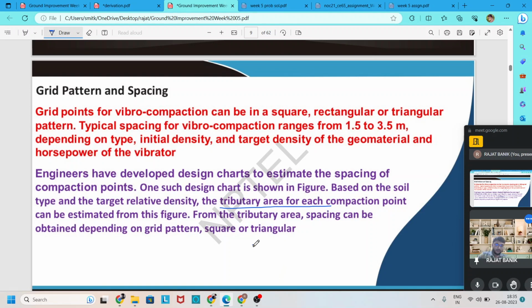If we apply the compaction points in a square pattern like here, here, here, each compaction point has some influence area. That means each compaction point compacts up to that much area. Based on this influence area, we can find the spacing of different patterns like square, triangular, and rectangular. So this influence area is nothing but tributary area.